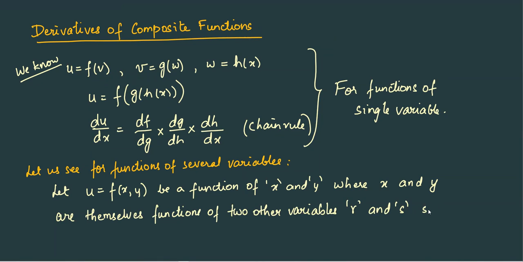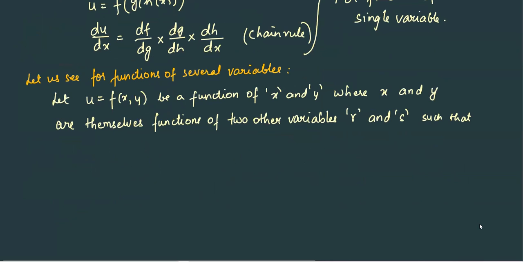Okay, such that x is a function of r comma s and y is a function of r comma s.